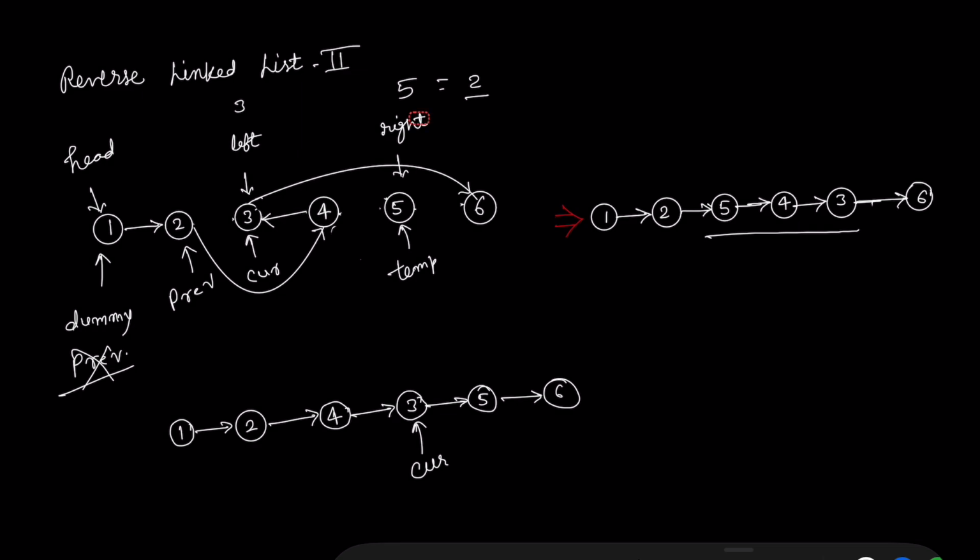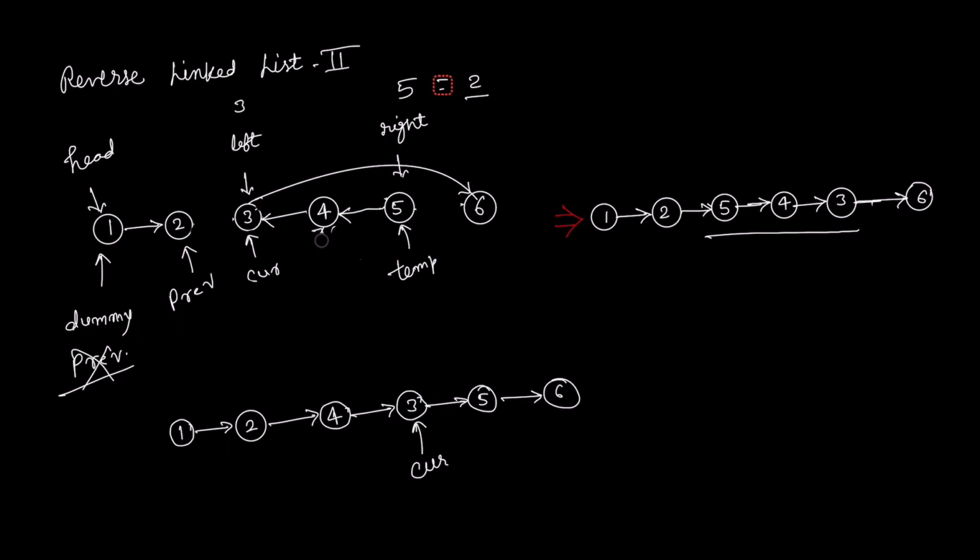So its pointer now will be 4. This was previous dot next, this is 4. Now what should be this pointer? Which one is previous? Its next should be 5.